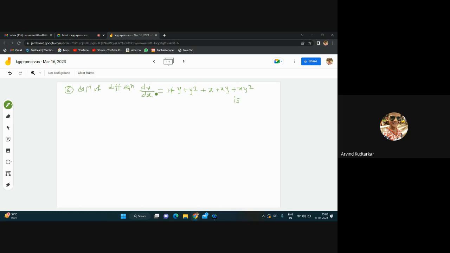So 1 plus y plus y square we can shift towards dy and 1 plus x we can shift towards dx. So we just rearrange the factors or functions with respect to order. मग कसं होईल सांगा, dy upon 1 plus y plus y square that is equal to 1 plus x into dx.